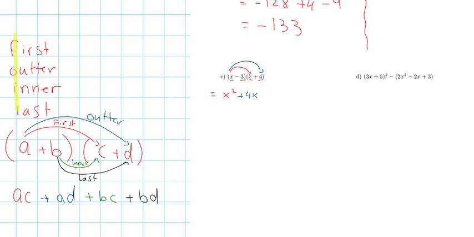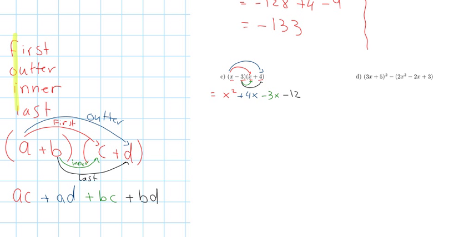Then I have to multiply negative 3 times x. So that is negative 3x. And then negative 3 times 4, so that's negative 12. Are we good with that?